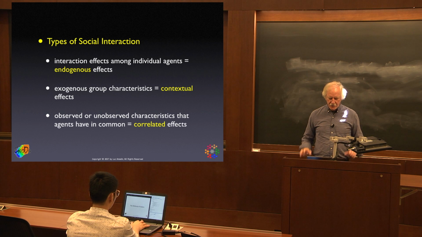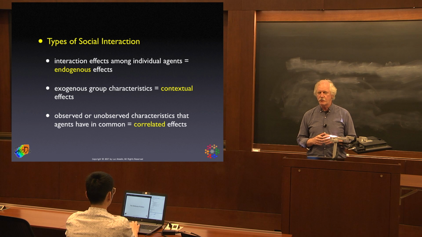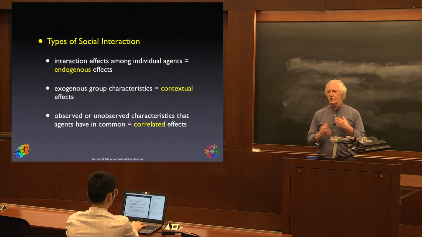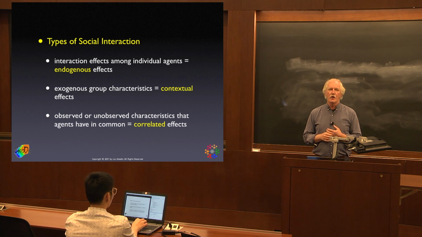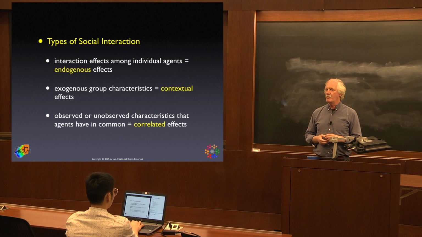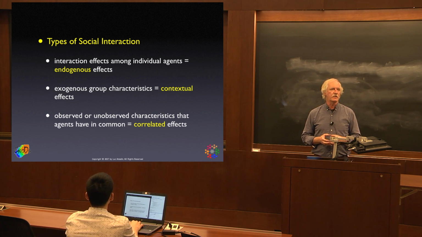The reflection problem is useful. If you have the time, you should read the article, but it's useful to think about because it's really about when there is social interaction, how does it get to your individual behavior, right? Is it direct interaction among agents, which Manski called endogenous effects?